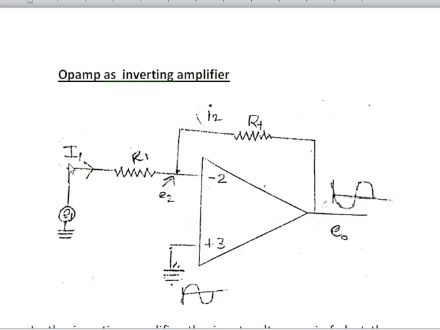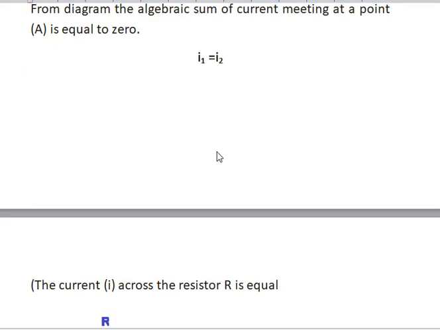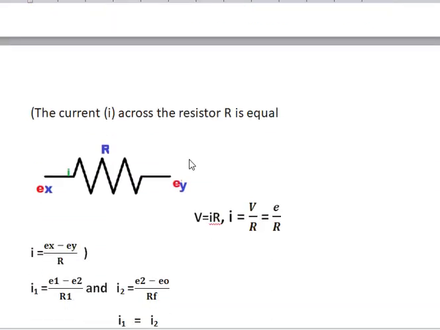It is the node where the two currents I1 and I2 are meeting. So I1 minus I2 is equal to 0. So I1 is equal to I2.